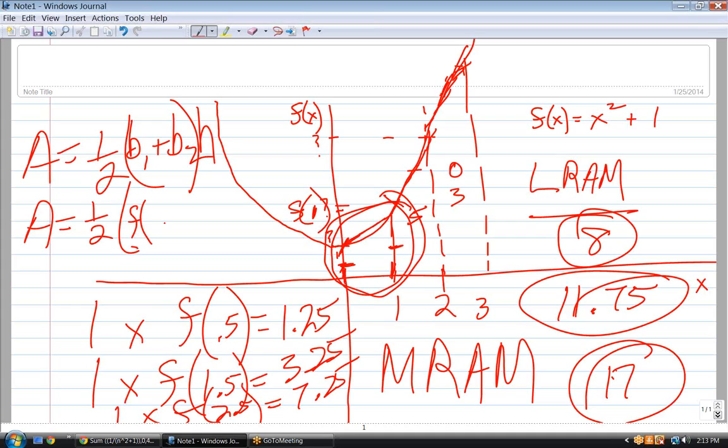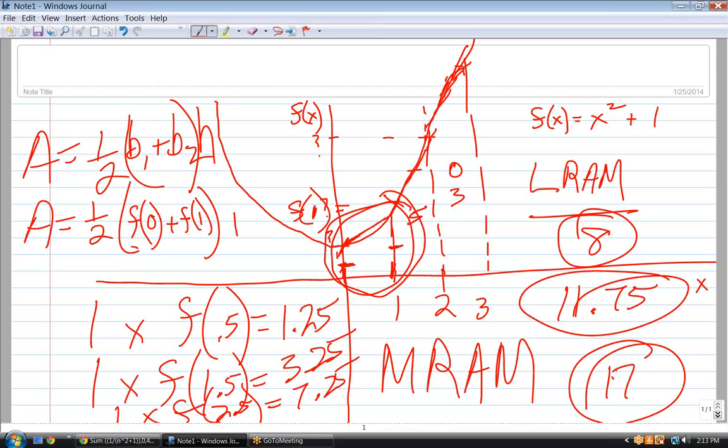So base 1 is f of 0, which is 1. And then base 2 is f of 1, which is 2 times the height of 1.